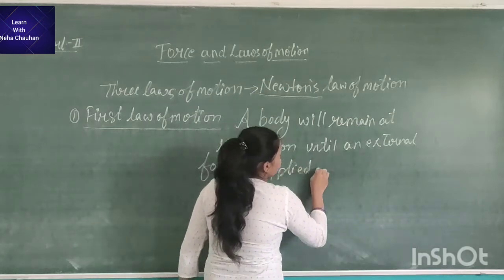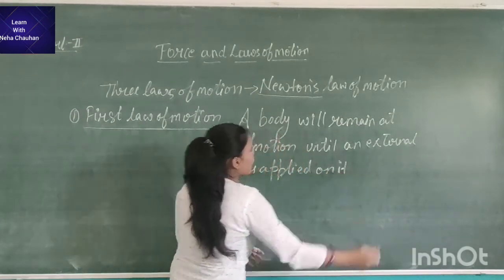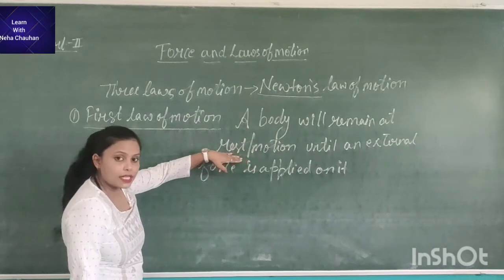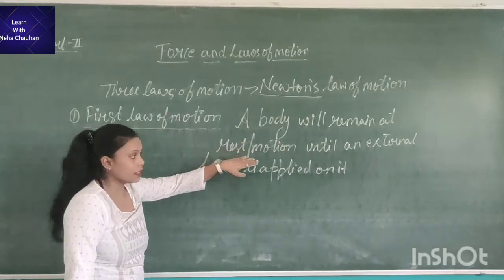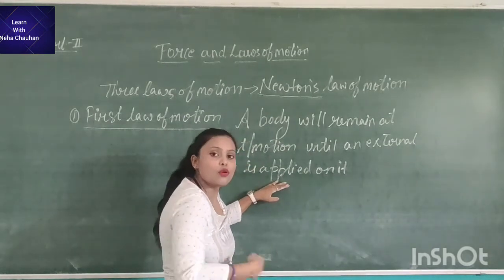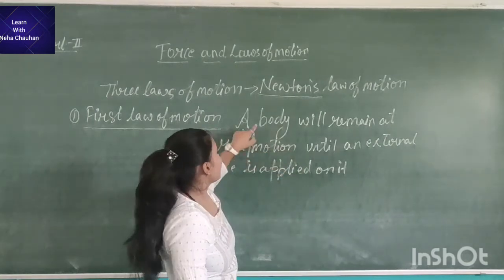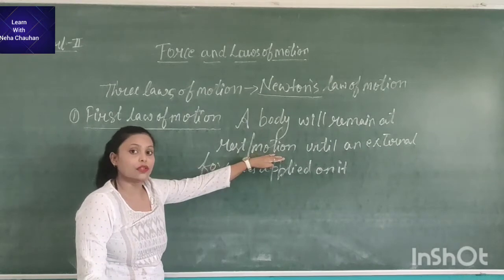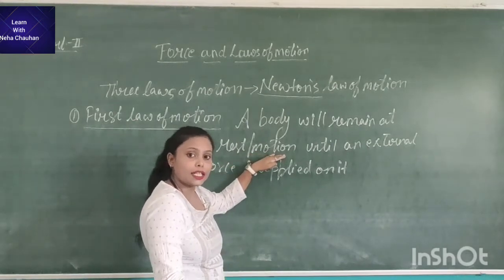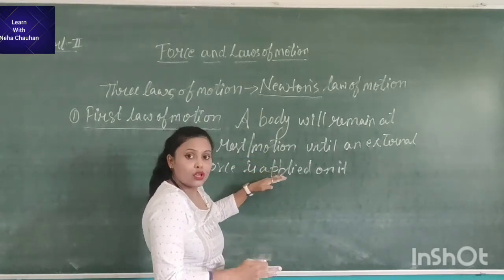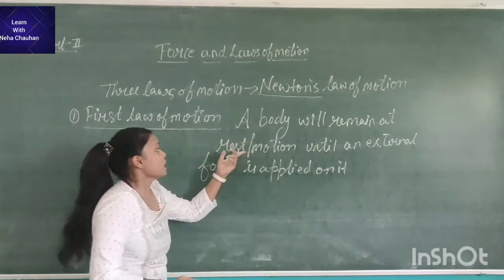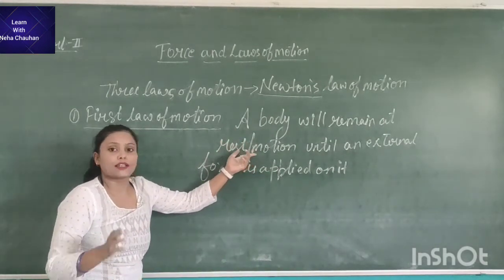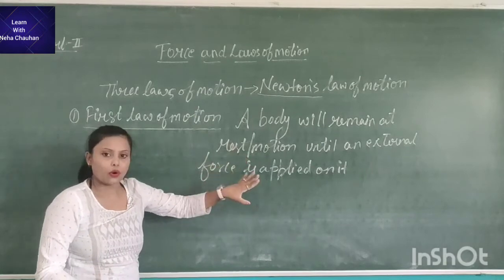What does it mean? It means if a body is at rest, it will remain at rest until we apply a force to move it. And if a body is in motion, it will remain in motion until we apply a force to stop it. That means these positions cannot be changed on their own.